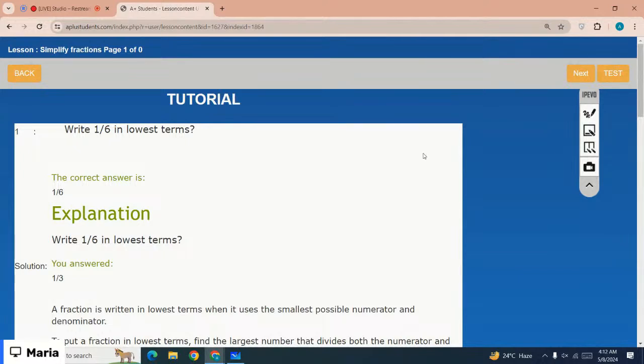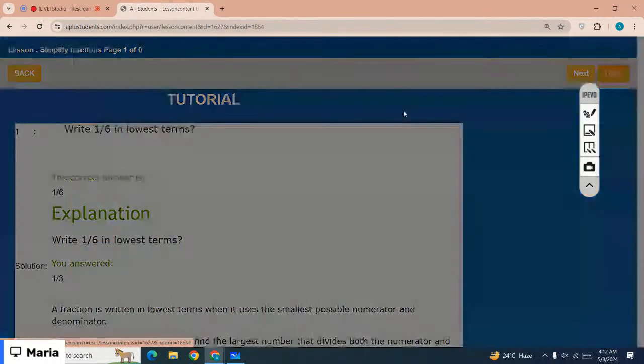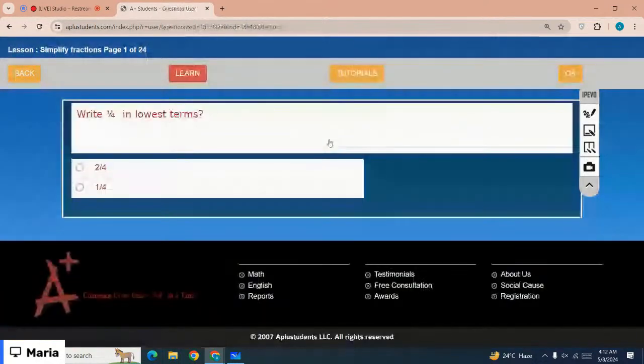Let's just start with the test questions. Write 1 by 4 in the lowest term. So, which is the correct option?